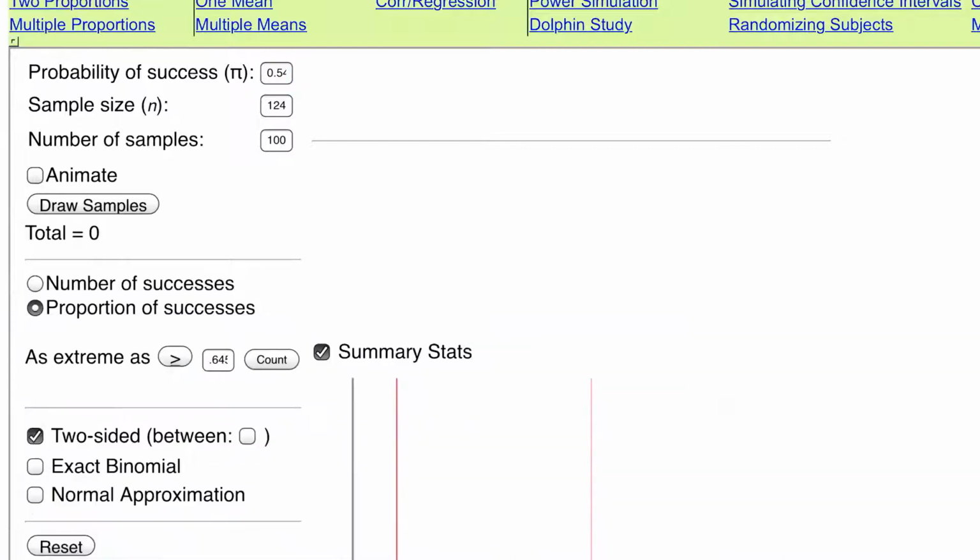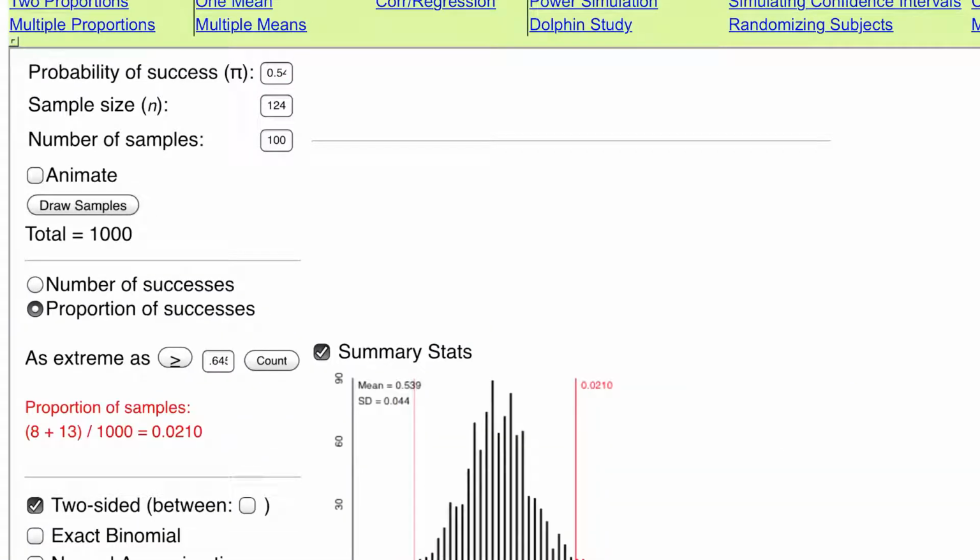So I'm going to go to the applet, and I have everything in there that I had before. Now I'm going to change my probability of success to 0.54. That's what I want to test. And I'm going to draw samples. And everything else is staying the same. The 0.645 is still the statistic p-hat that goes in the count box.